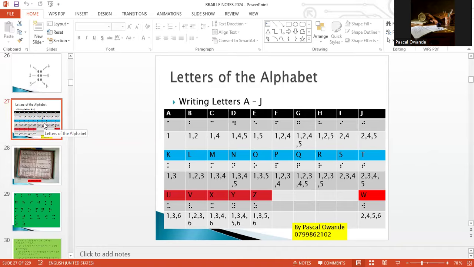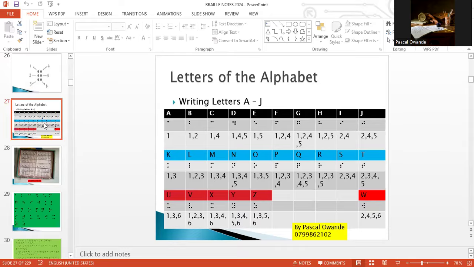Just to recap, I said that on the foundation, we have letters A to J. Letters A to J form the foundation. Then on top of the foundation, we have letters K to T, where we are only adding dot 3 to the ones on the foundation.